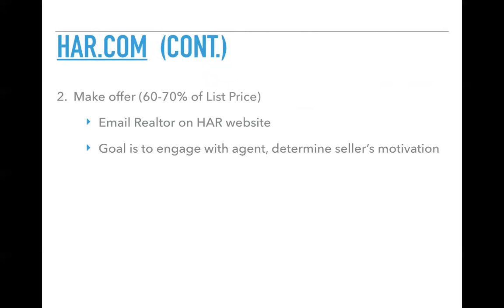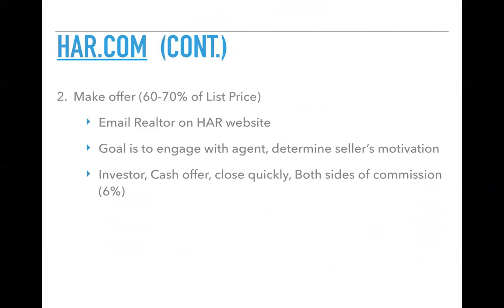If we submit an offer at 70% of the list price and they say, absolutely not, we're not even going to entertain that offer, we know that situation doesn't have the motivation we need to get a deep enough discount. So we just move on. But if they're willing to play ball and start negotiating, then we at least know that is a potential deal.